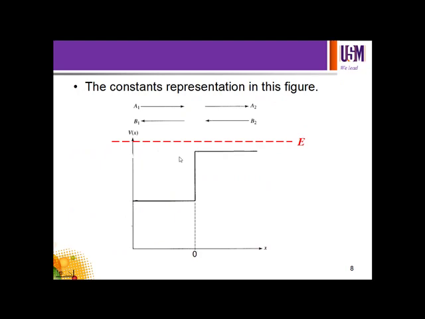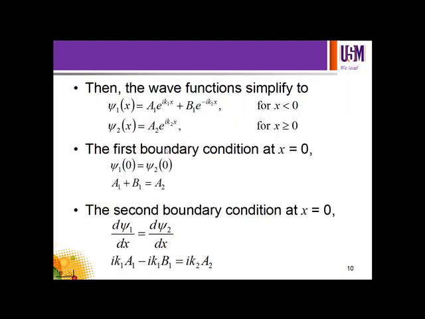If you look back at the diagram, you have a wave coming from the left. Some might pass, but some might be reflected at this step potential, but there is no way a particle comes from infinity. Because of that, B2 is set to 0. That's why the first wave function, psi 1, contains both A1 and B1, but the second wave function, psi 2, contains only one term, containing A2 only.